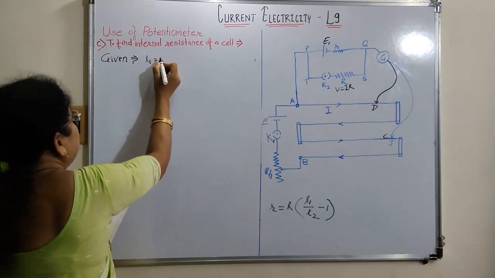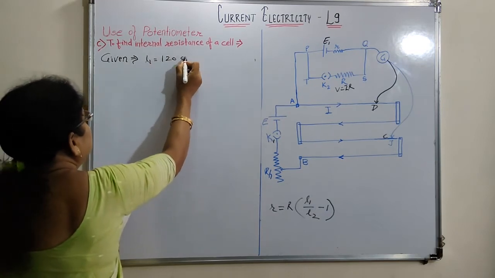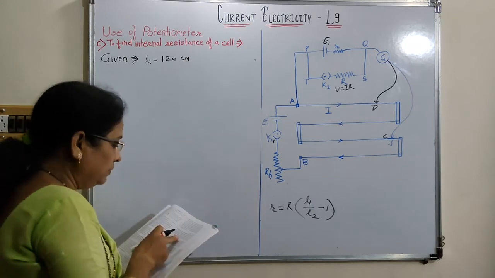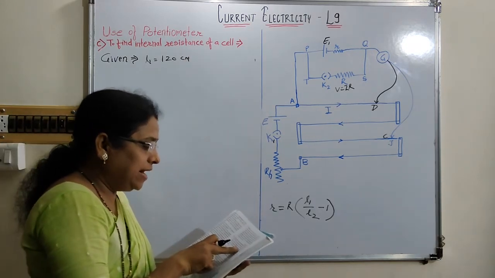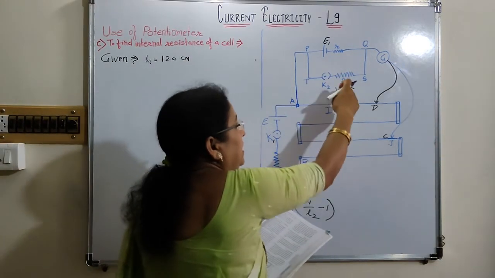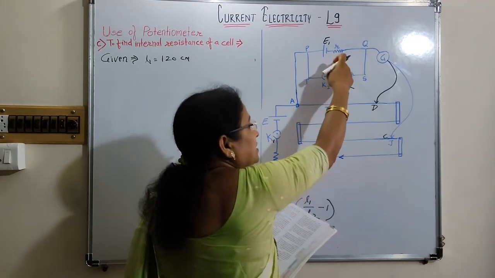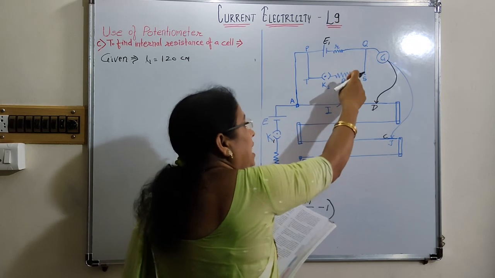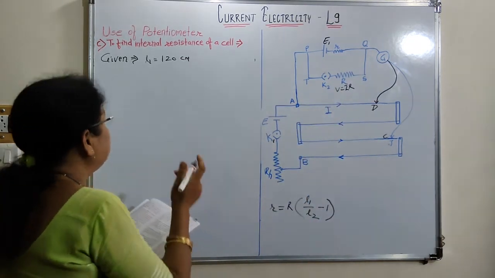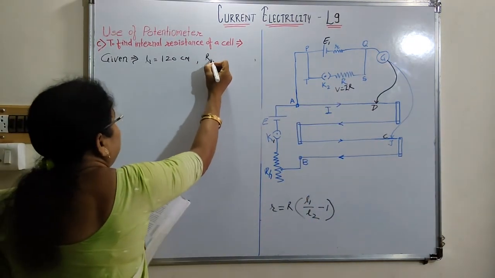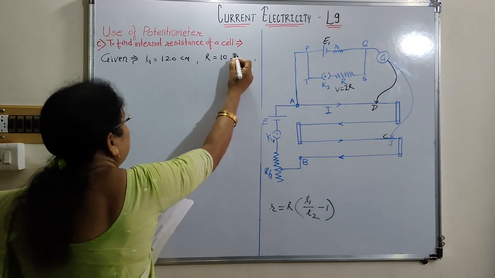So I can say L1 is equal to 120 cm. Now when the cell is shunted by a resistance of 10 ohm, see, the cell and the resistance box are in parallel, we call this shunted. R is the value given here, that is 10 ohm. Capital R is equal to 10 ohm.